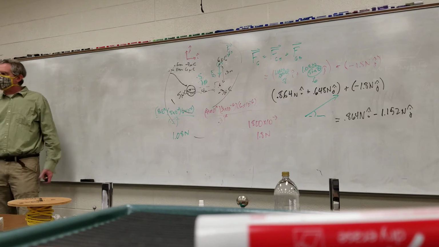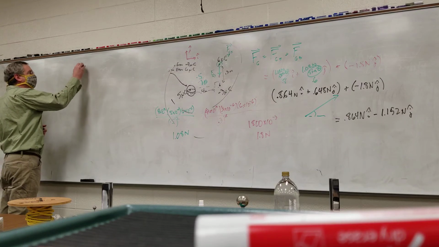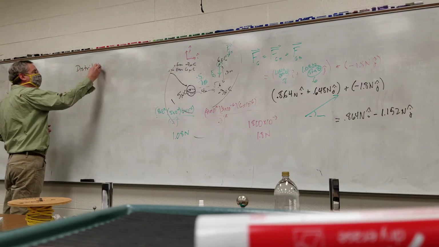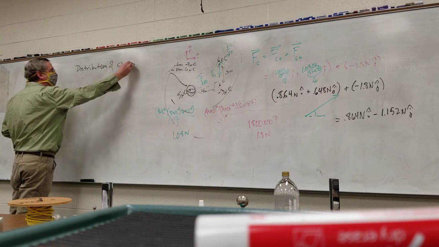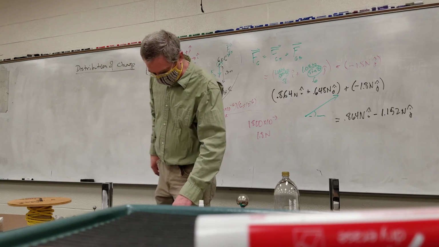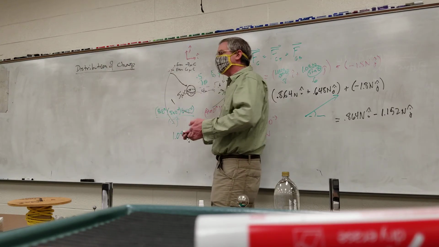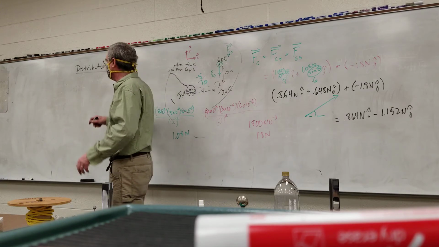All right, now suppose we have a distribution of charge. There are some generic steps to take. First off, draw the picture. Sorry, I don't have a word to describe this.